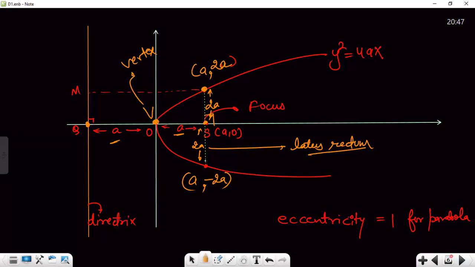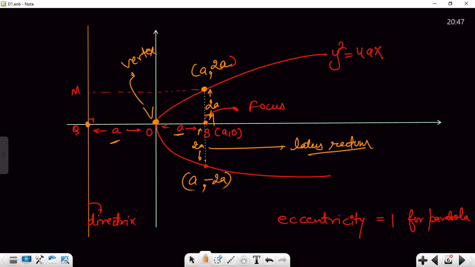So this is particularly for y square equals 4ax, where the length of the latus rectum is 4a, and the length between the directrix and the latus rectum is 2a. So these are some things.